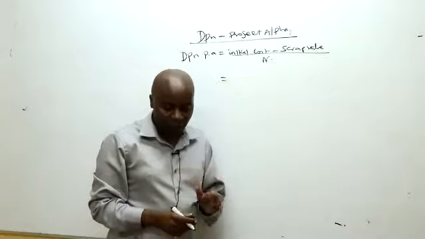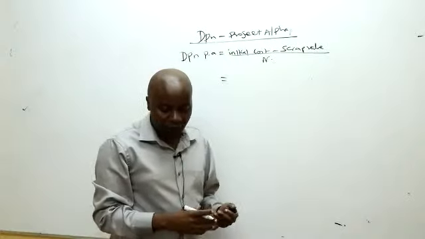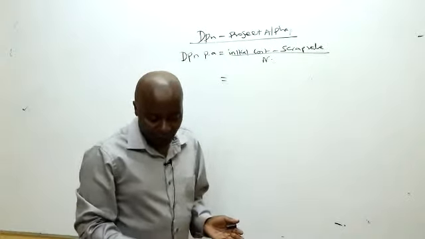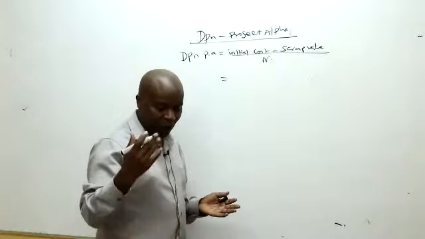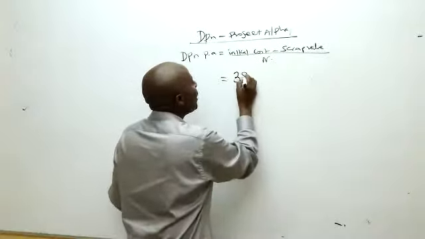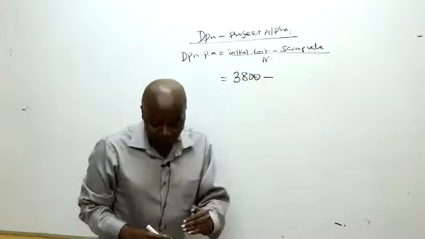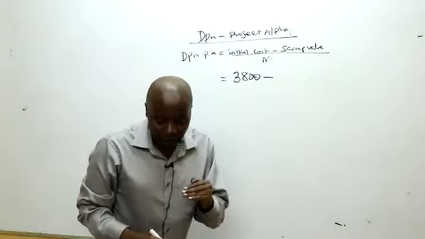So please come and give us the initial cost of project alpha. They have told us in note number 1, project alpha costs 3.8 million. So let's use shillings thousands to be consistent with what is given up there. In shillings thousands, this will be 3,800 minus the scrap value as per note number 3.